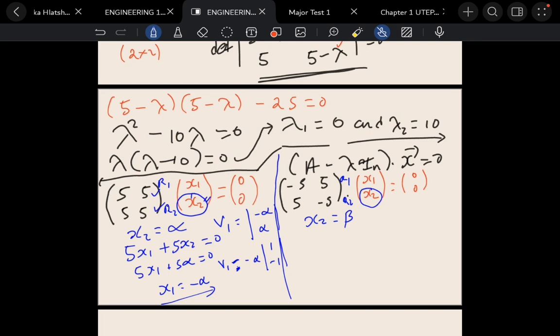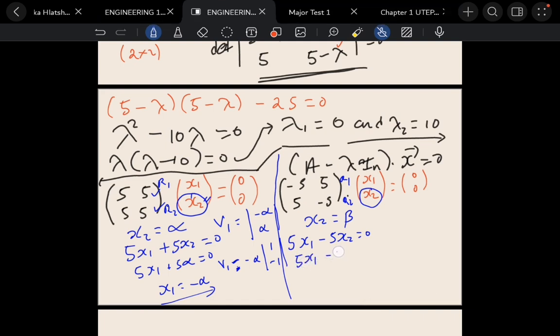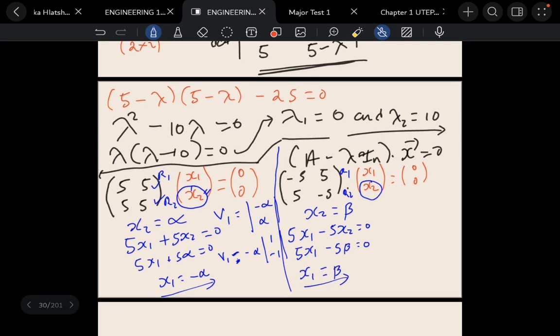So I'm just going to use any row as a system of equation. I'm going to choose row 2. So x1 minus 5x2 is equal to 0. We know that x2 is beta, so 5x1 minus 5 beta is equal to 0. To the other side, x1 is actually beta, right? In that case, v2 is actually beta.